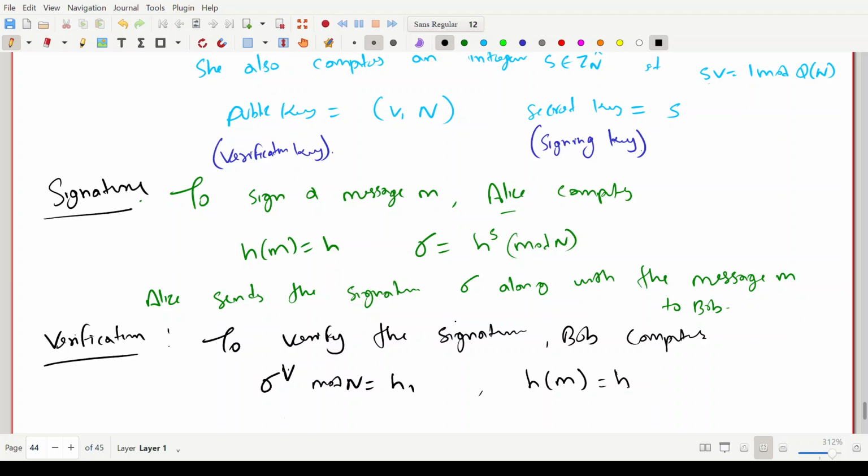So he accepts the signature sigma if and only if H is equal to H1. Correct. So this is how the verification is done.